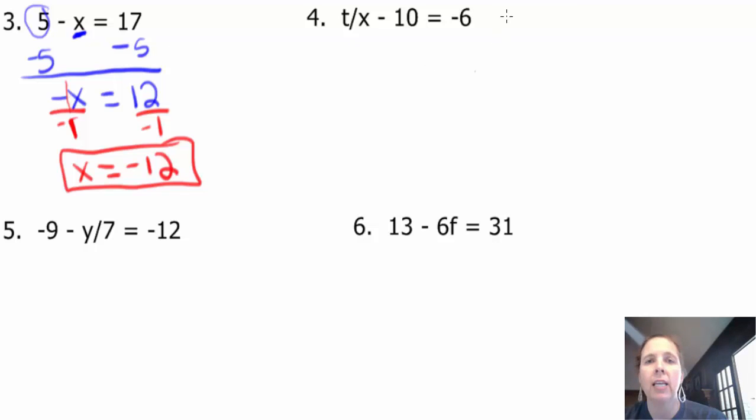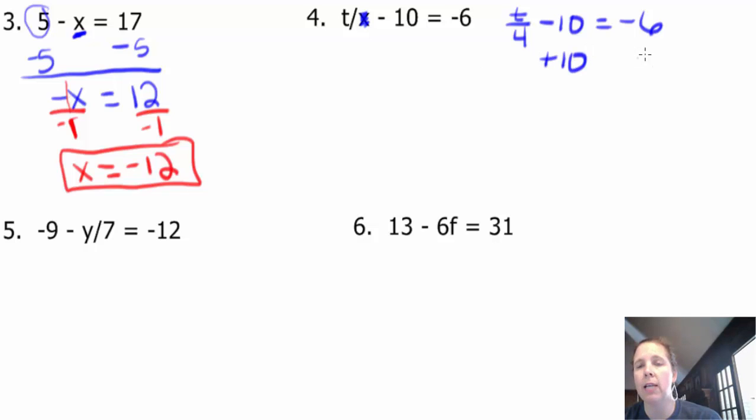So this is really, that's not supposed to be a t. This is supposed to be a 4 right here. Whoops. So t divided by 4 minus 10 equals negative 6. Sorry about that. Okay. So now this is t divided by 4. So we want the t by itself. So we want to add 10. What we do to one side, we have to do to the other.